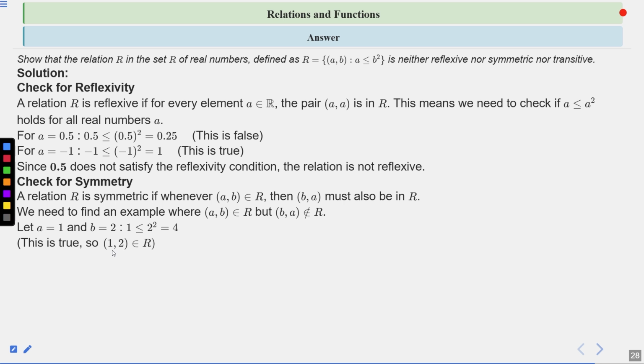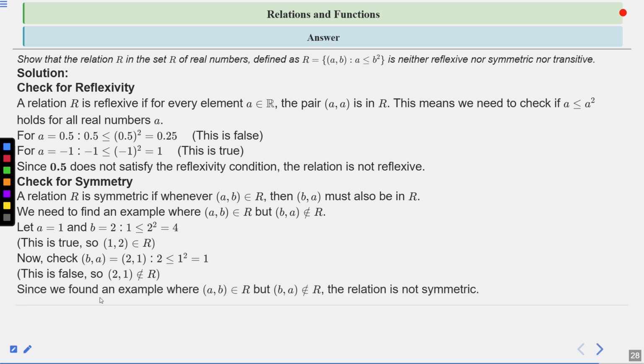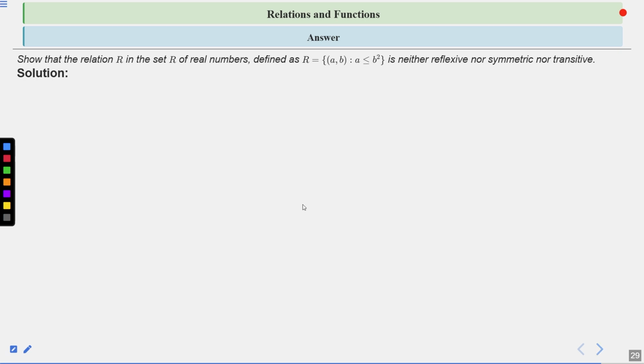So (1, 2) belongs to R, while (2, 1) doesn't belong to R, because 2 is less than or equal to 1 squared is not true. Since we have found such an example, not symmetric.